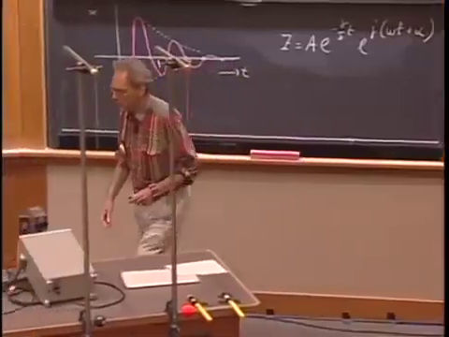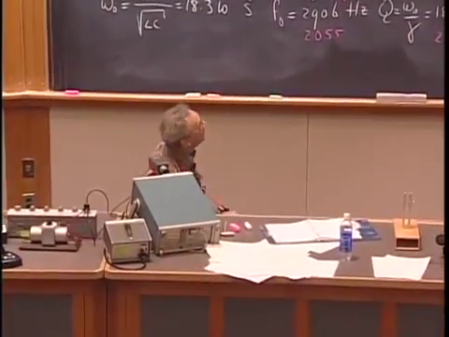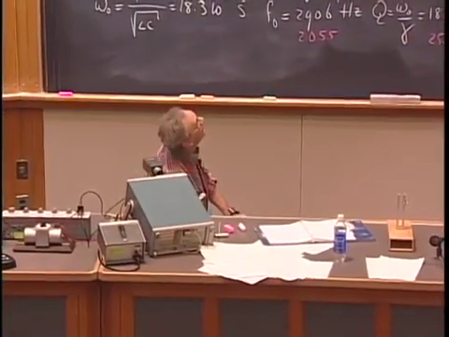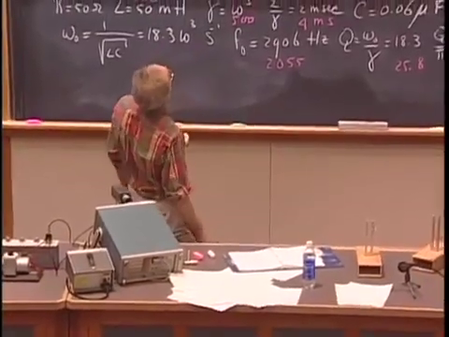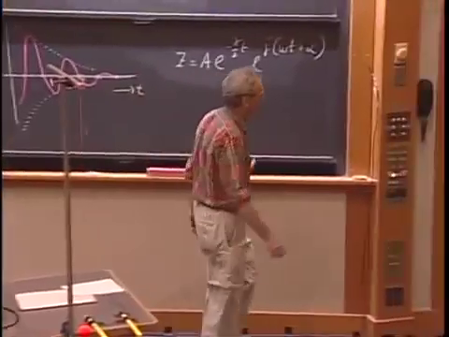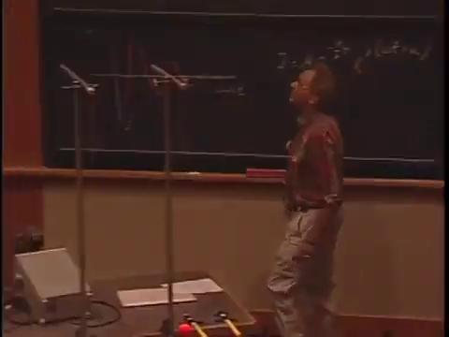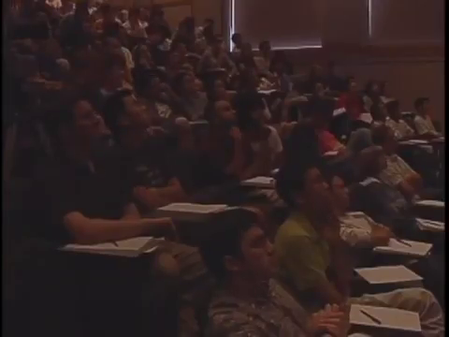I have to choose my channel, unless Marcos already did that for me. Ah, the surprise is already there. So you see now here the oscillations with about 2900 hertz.